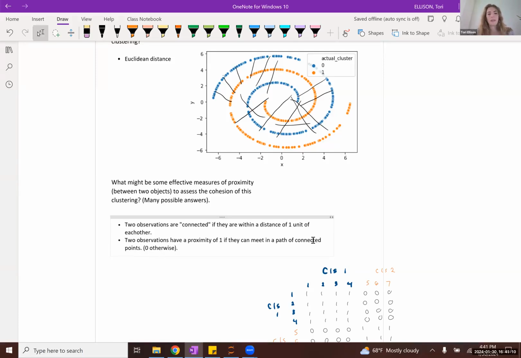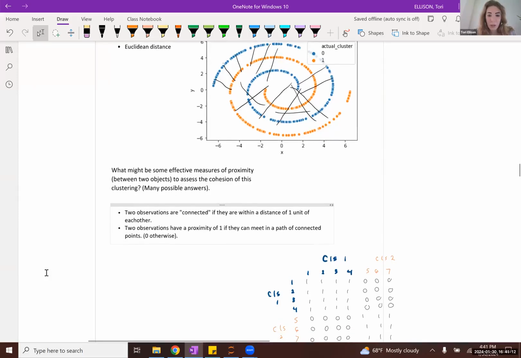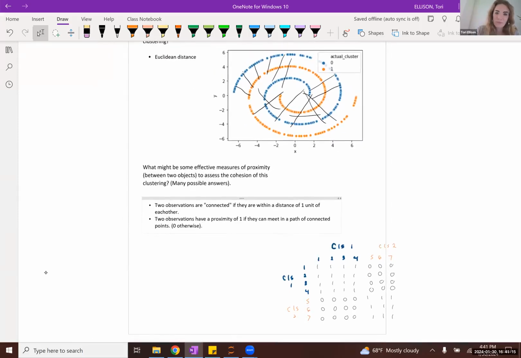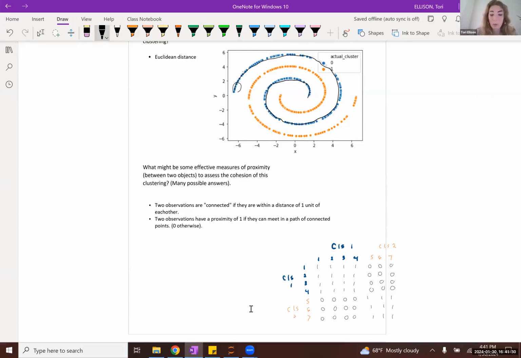So because all of our blue points can meet within that connected path, where connection is defined by a rough distance of 1 unit between each other, all of our blue points will have a proximity of 1 with each other. And similarly, all of our orange points will have a proximity of 1 with each other because they can all connect in a path with each other.